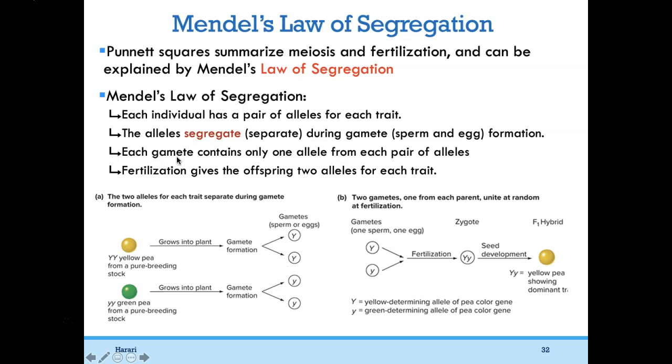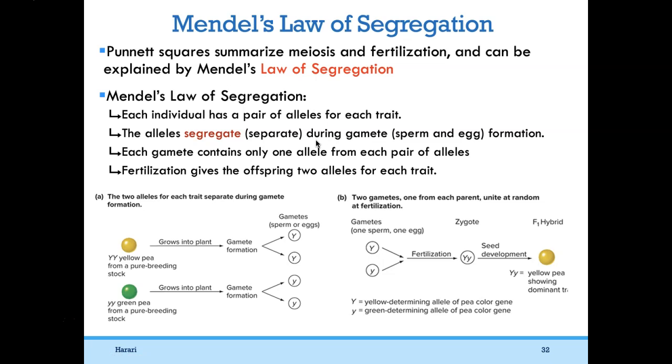Therefore, each gamete only has 1 allele from each pair of alleles. You're going to have only 1 allele in each gamete. And 2 gametes, 1 from each parent, unite at random during fertilization.